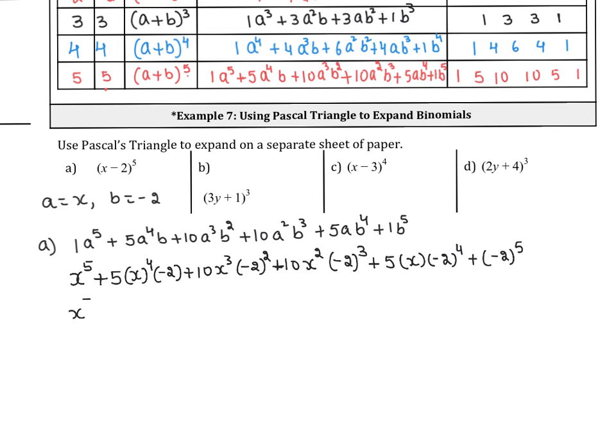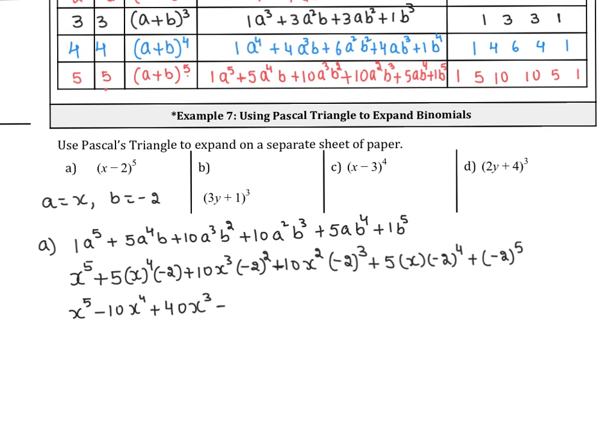When we expand this, what you're going to get here is negative 10, so it's going to be negative 10x to the power 4. This is going to be 10 times 4, so that's going to be 40x to the power 3.